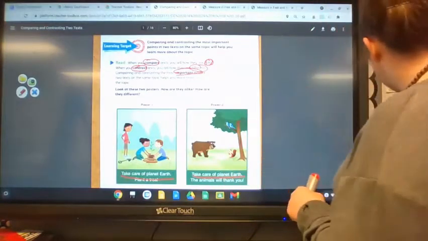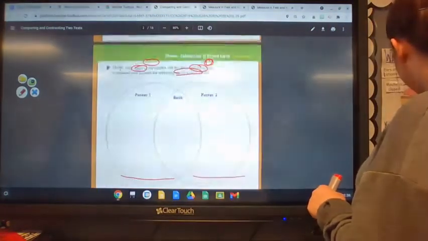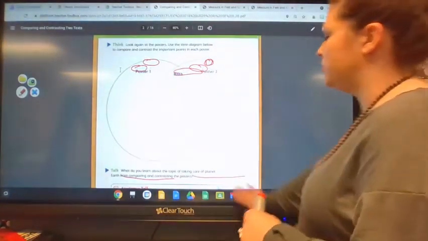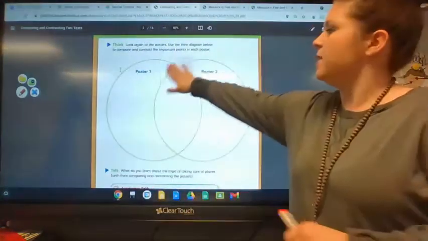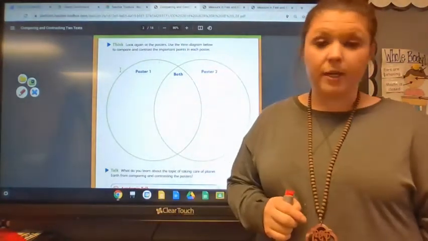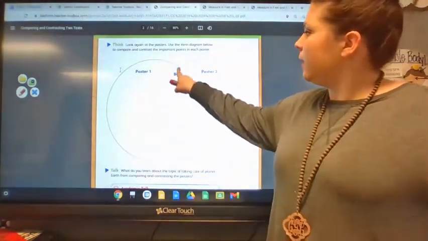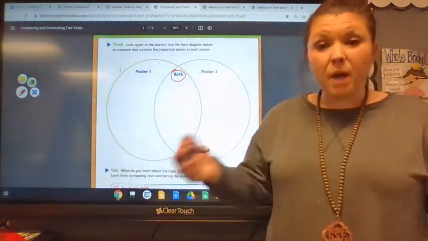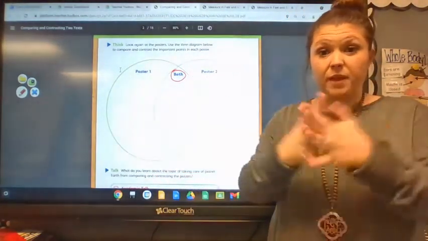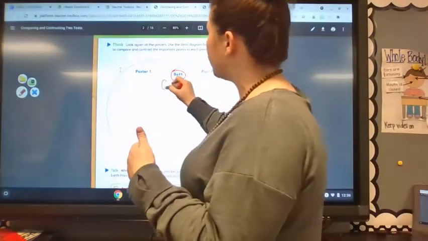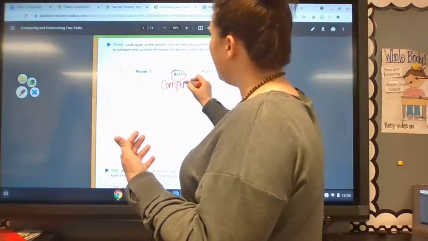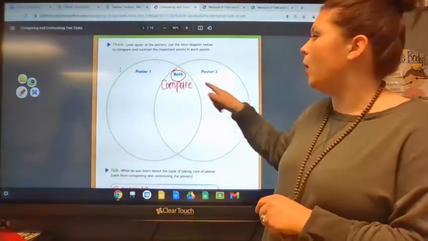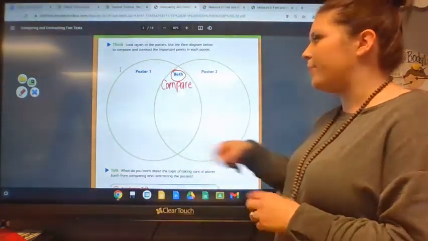So now what we're going to do is turn over in our Ready Reading book, or just look at that next page, that second page in your book, page 325. Do you see where it says both here? Both is what both of them have. So this is where we are comparing. This is called a Venn diagram, and it helps us to see those parts that are overlapping of those circles.